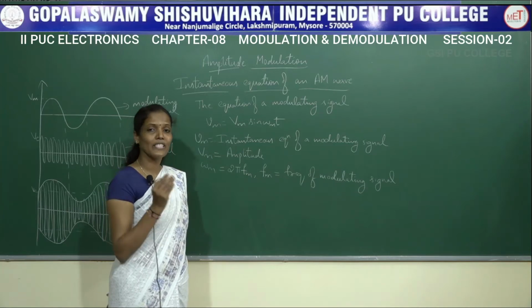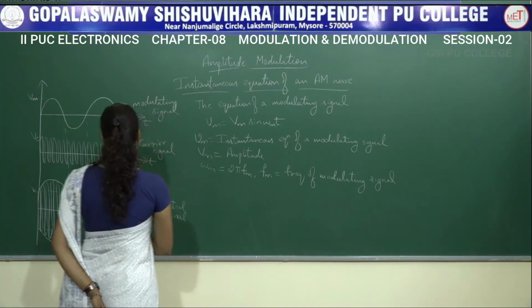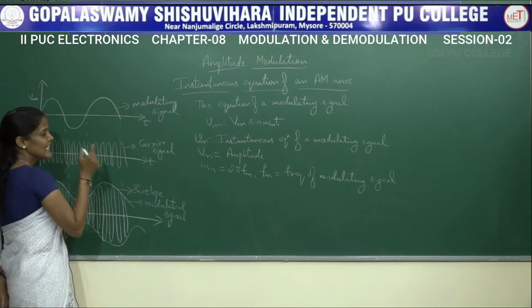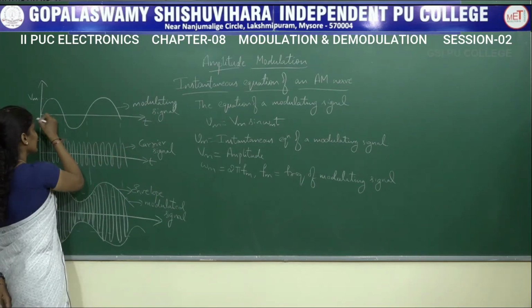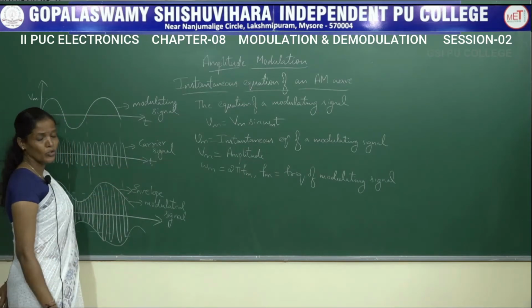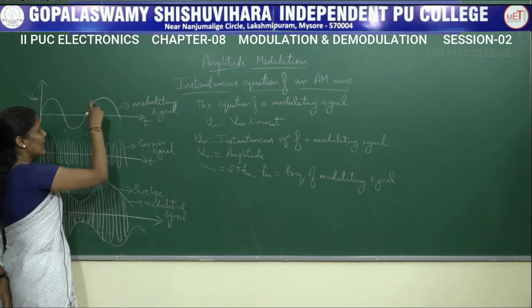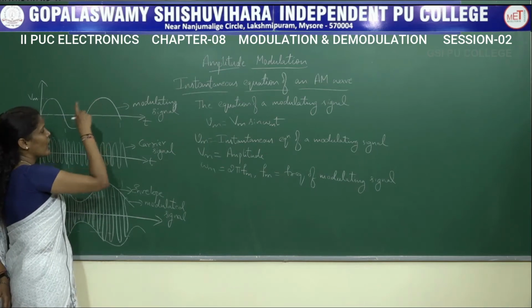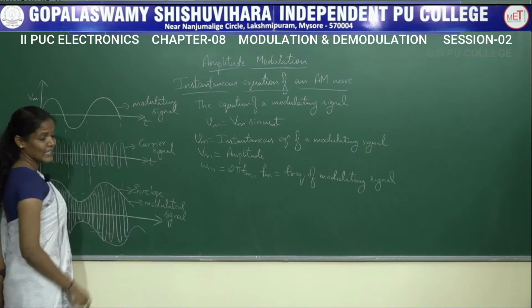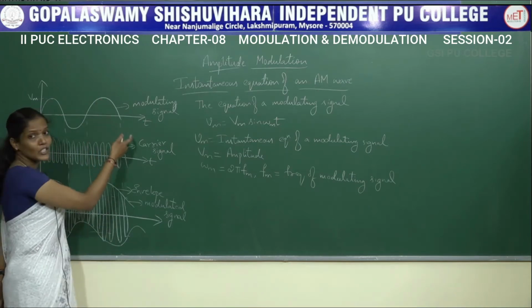What is the meaning of this instantaneous equation? This waveform we are plotting across the time period. Instantaneous equation means that at any time period I can easily find out the voltage, or here the amplitude, of this particular waveform at any instant of time.